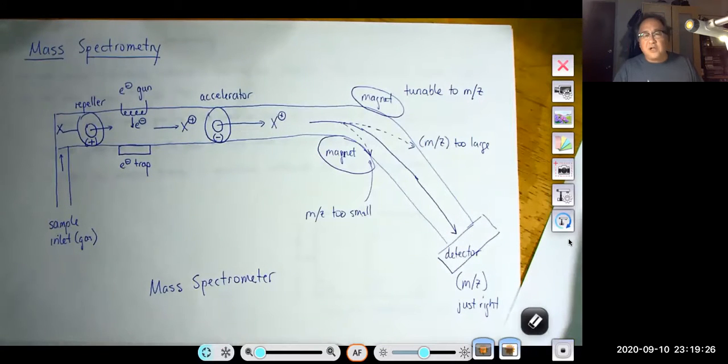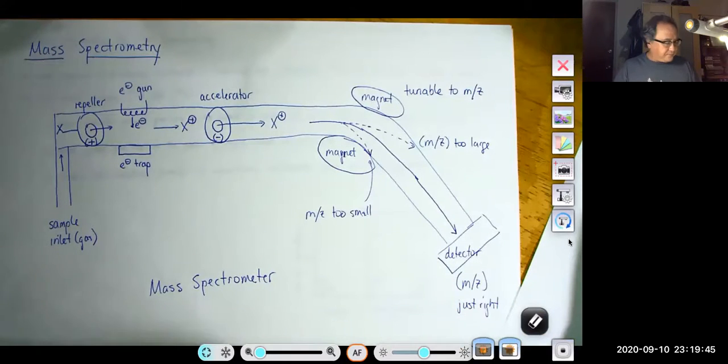So what's the smallest mass to charge ratio? Well, you could have a mass of 1 AMU and a charge of 1. 1 divided by 1 is 1. You could have a mass of 2 divided by 1, so mass to charge ratio of 2. So the mass to charge ratio will be 1, 2, 3, 4, 5, and so forth.